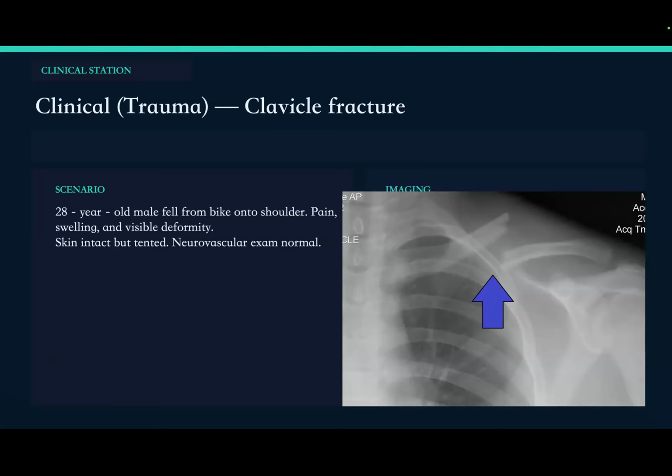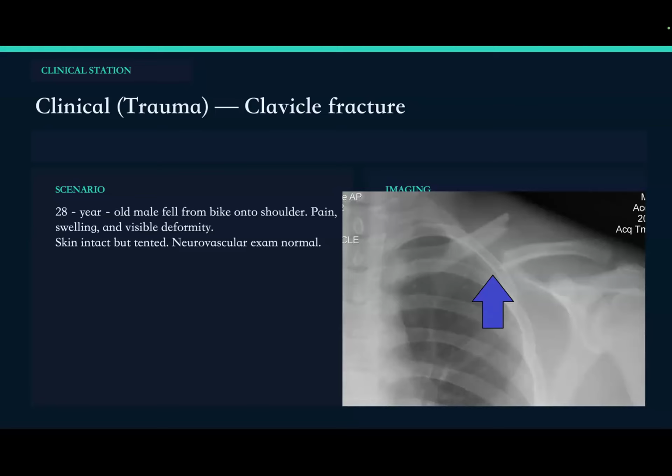This is a view of the shoulder with a skeletally mature shoulder with unknown demography, showing disruption of the middle third of the clavicle, which is significantly superiorly displaced.